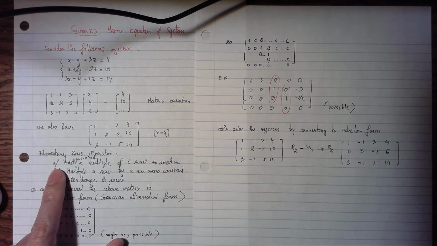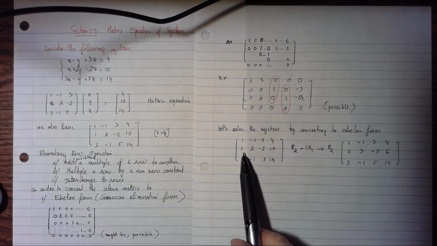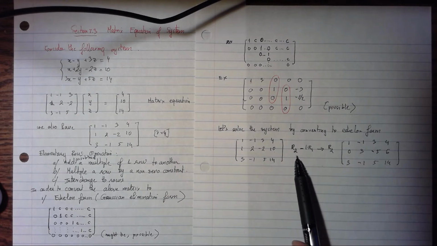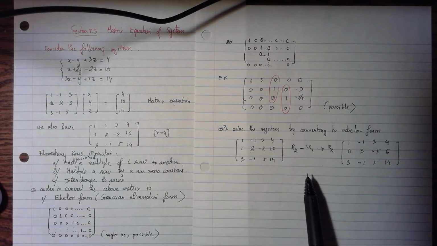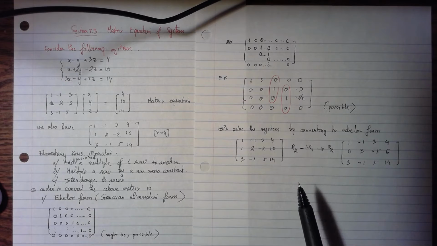I mean, if you're not used to it, it's gonna take a little bit of time for you to process. But just sit down and think. You want to change row 2. You start with R2, and you can add or subtract any of the rows to get a new row 2.